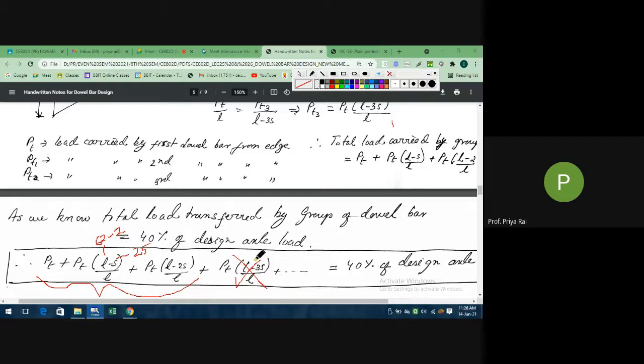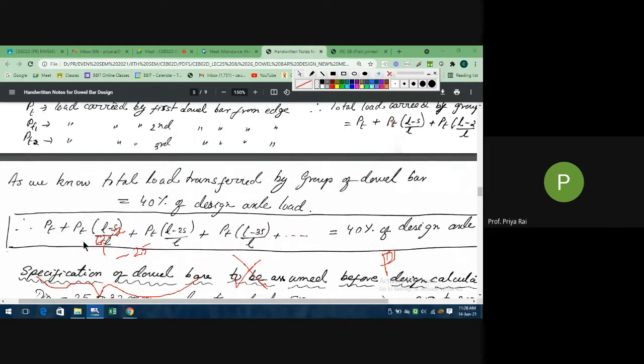So this equals 40% of P, which is 6000, and calculate PT. Take PT common. We are using this and this; we can't use this one. If your S is 25 and your L is 62.2, then we can add this term, this term, and this term.